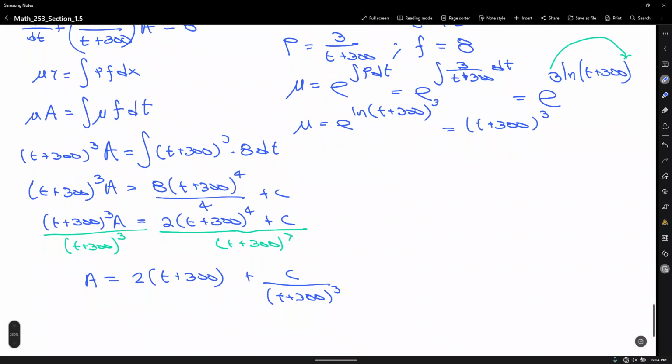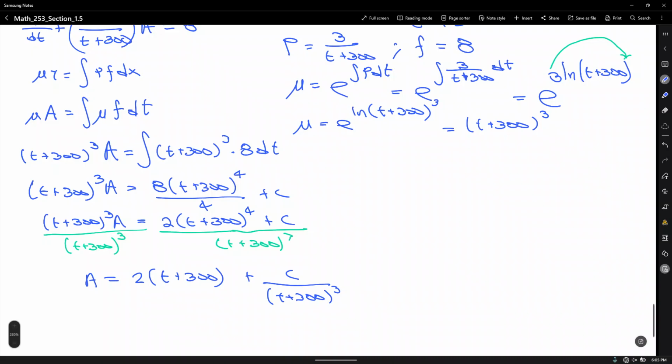If we go back to the context of the problem, they're actually asking us how much salt is in the tank after 12 minutes. I mean, I could substitute t equals 12, but what about that C? We need to substitute something to get the C, and we need an initial condition.